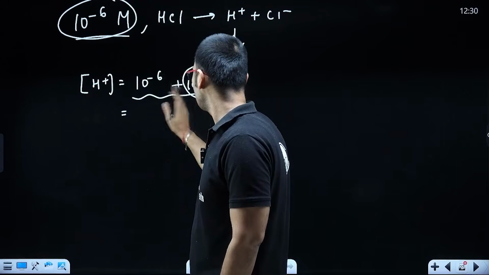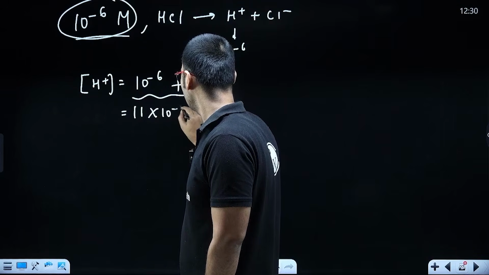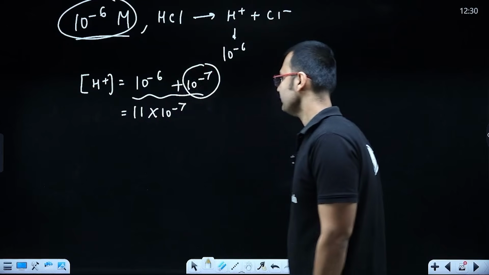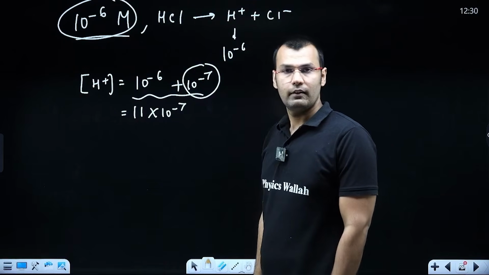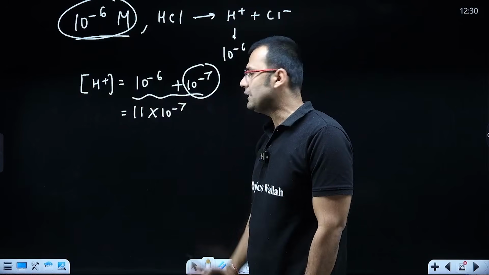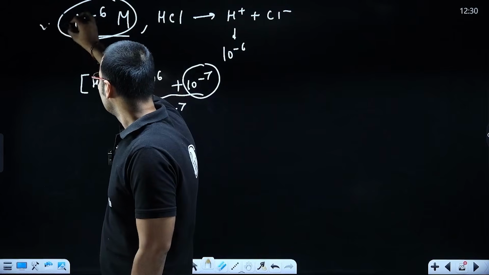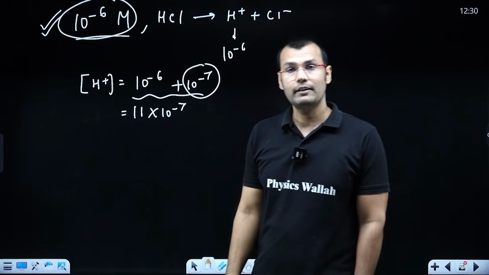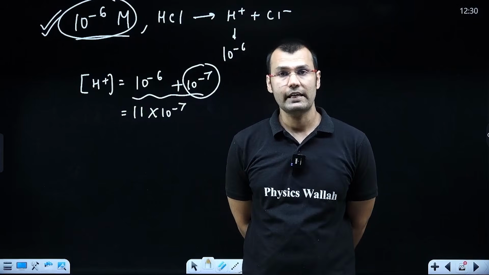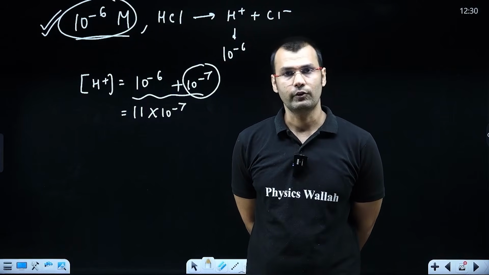If you take 10 to the power minus 7 as common, it will come out as 11 into 10 to the power minus 7. And then you can apply the formula pH equals minus log H plus. So this condition you need to remember, right? For a strong acid or strong base solution, if the concentration of acid or base is less than 10 to the power minus 5, then you will have to consider H plus and OH minus from the water also.